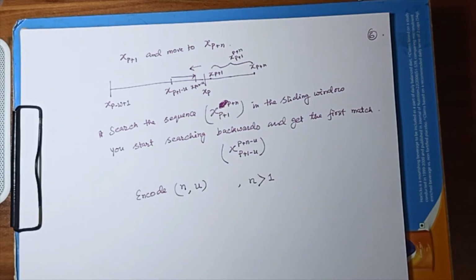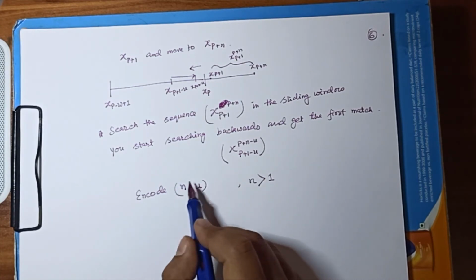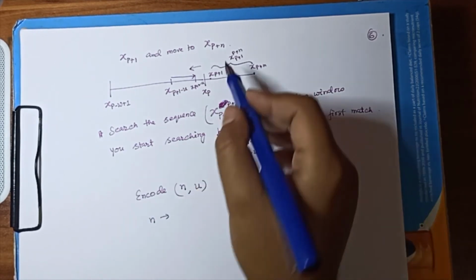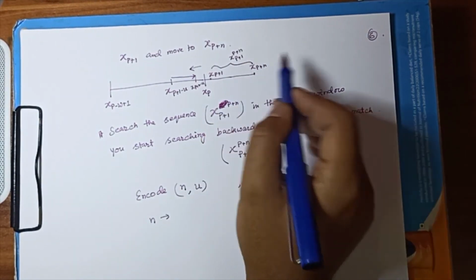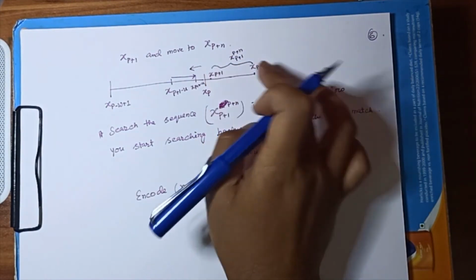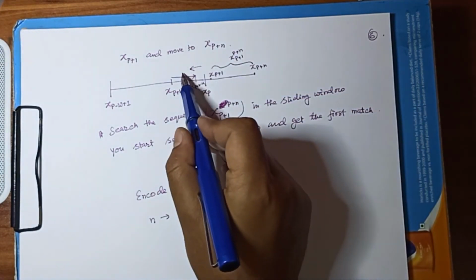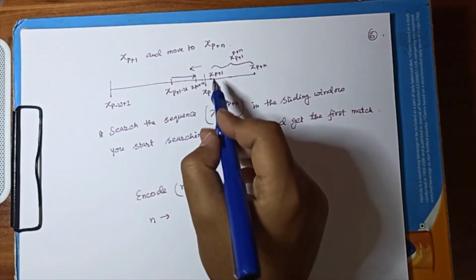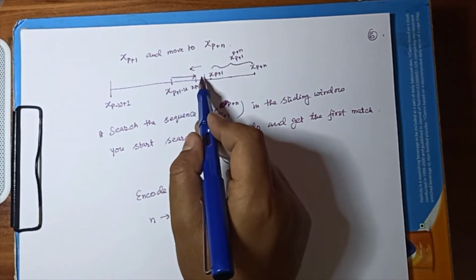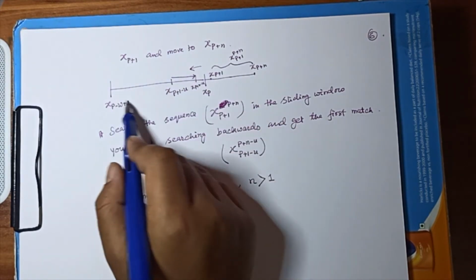How will I do encoding of these two numbers n and u? For n, since this n can be really small and it can be really big, I don't know the range of n. N can be really big, and this particular sequence can overflow this xp also. It is not restricted within this window length.